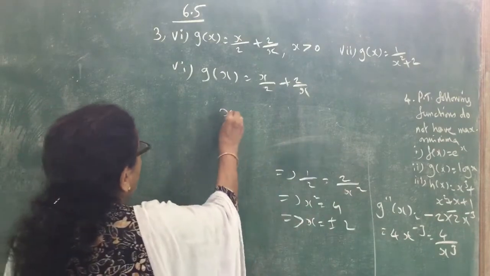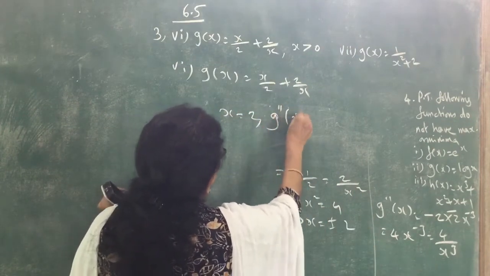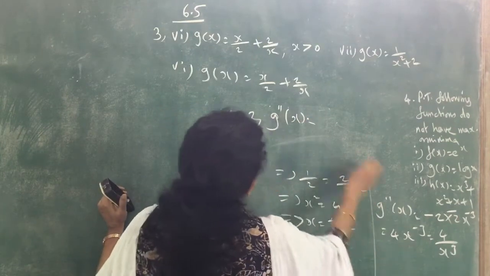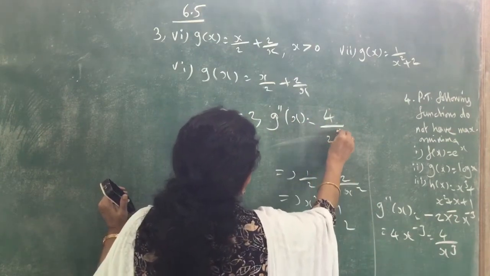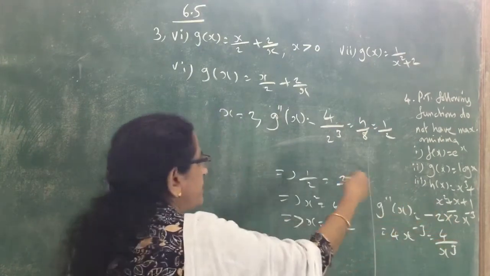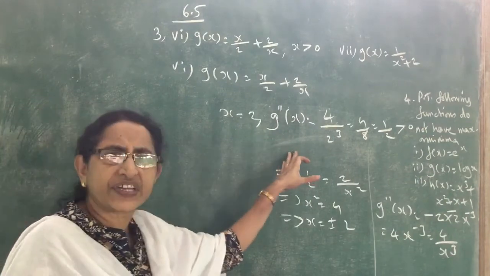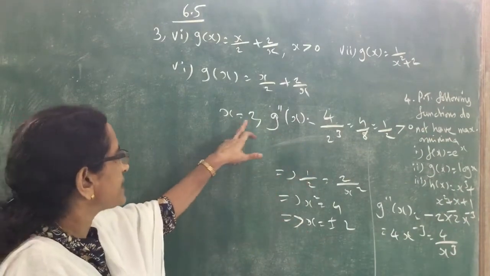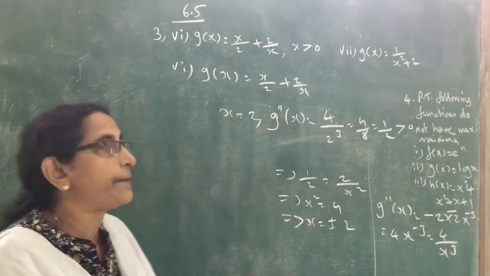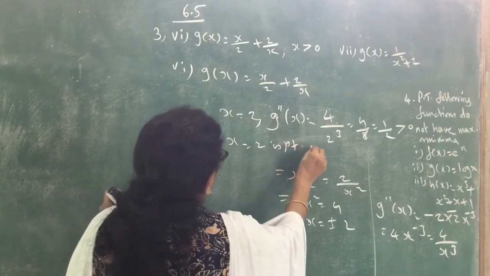So when x is equal to 2, g double dash x equals 4 by x cube, 4 by 2 cube, that is 4 by 8, that is equal to 1 by 2, which is greater than 0. So when x is equal to 2, the second derivative is greater than 0. Therefore x equals 2 is a point of local minima.